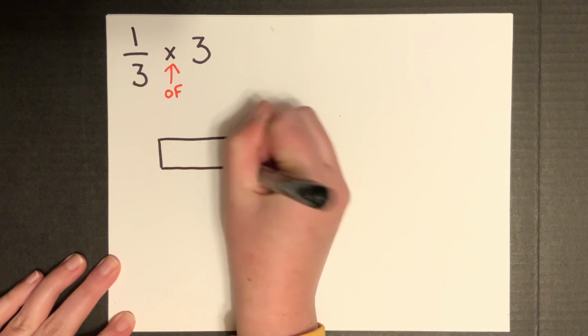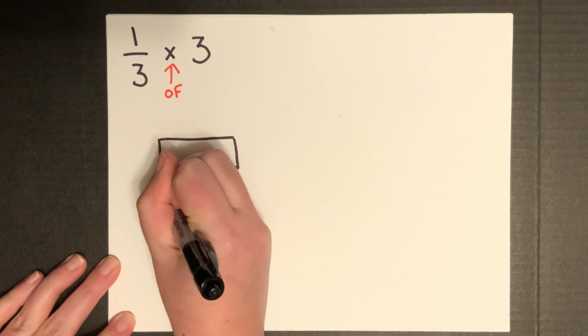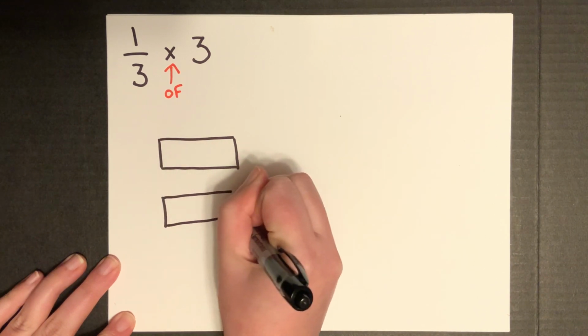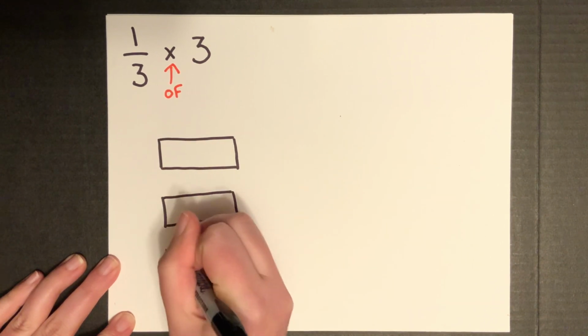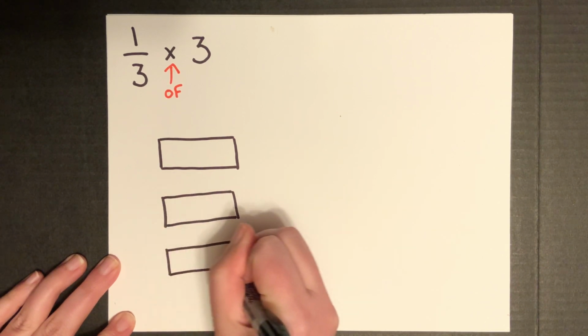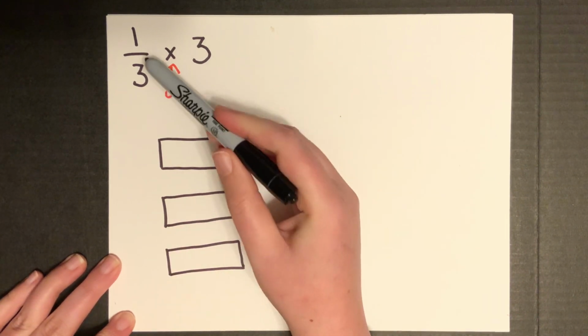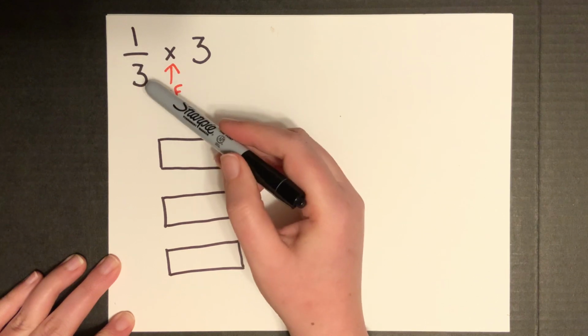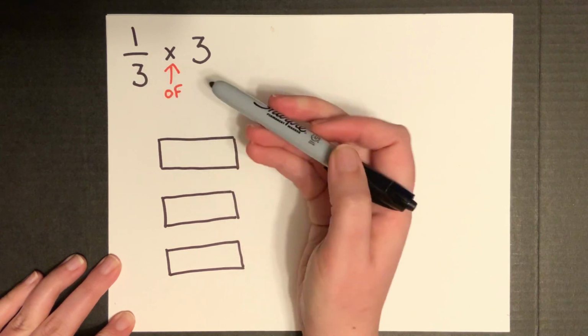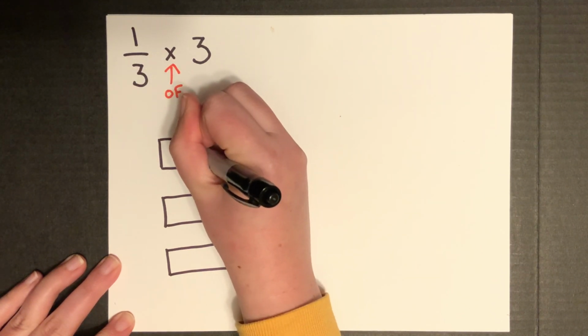So here's 1, 2, and 3. And we're going to divide each of these bar models into 1/3.